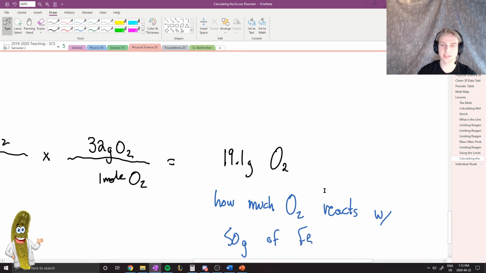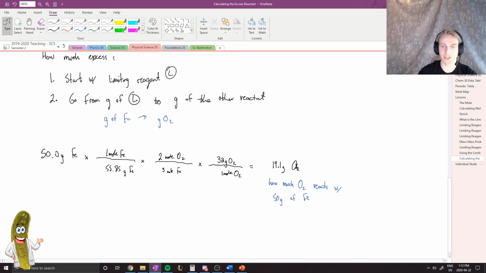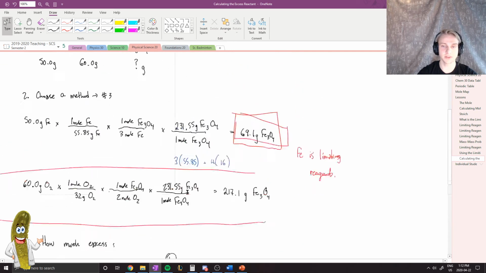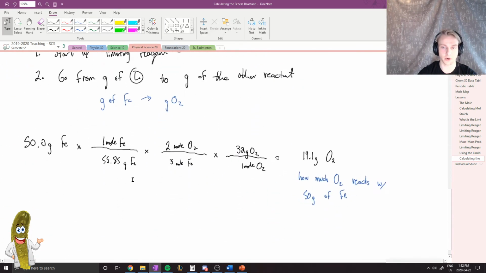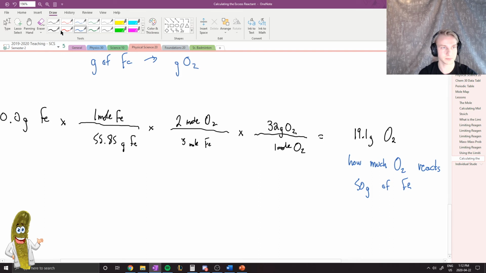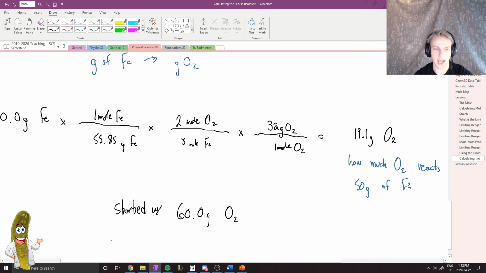Okay, so that number is telling me this is how much oxygen I need to completely react with all 50 grams of Fe. So in terms of wondering how much is left over, with the oxygen, we started with 60.0 grams of oxygen. We reacted 19.1 grams of oxygen.